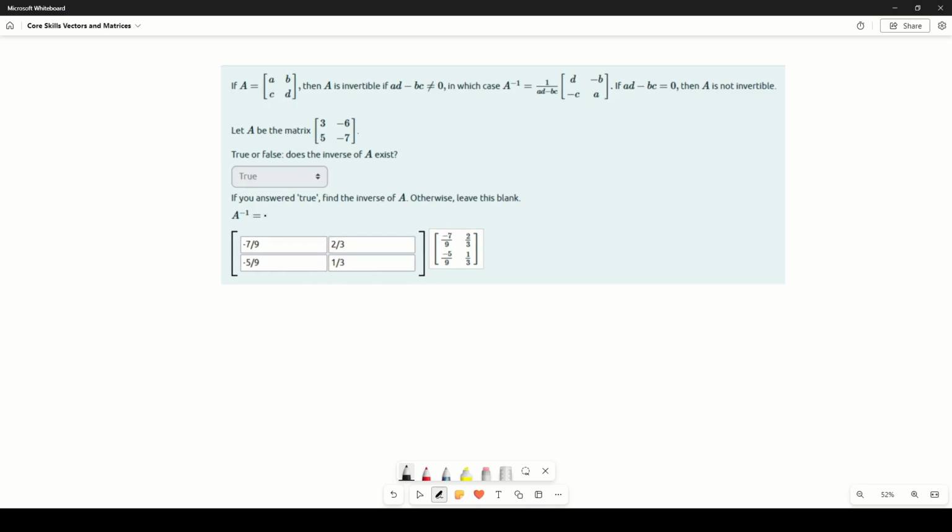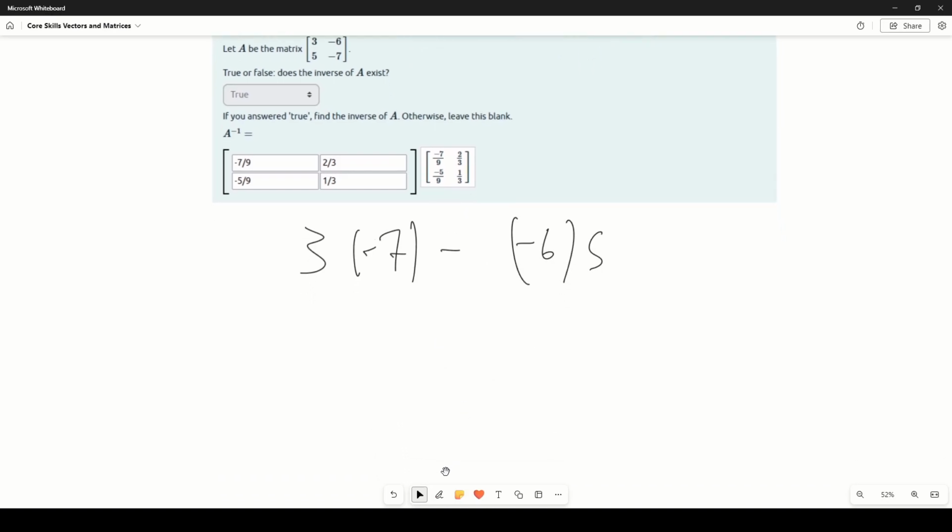So AD is 3 times -7. And BC is -6 times 5. And we can see that this is -21 plus 30, which isn't 0.